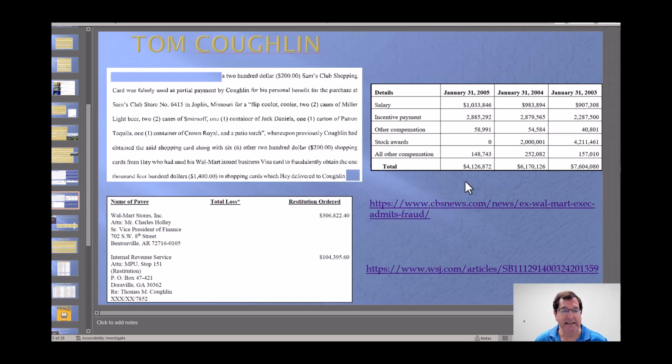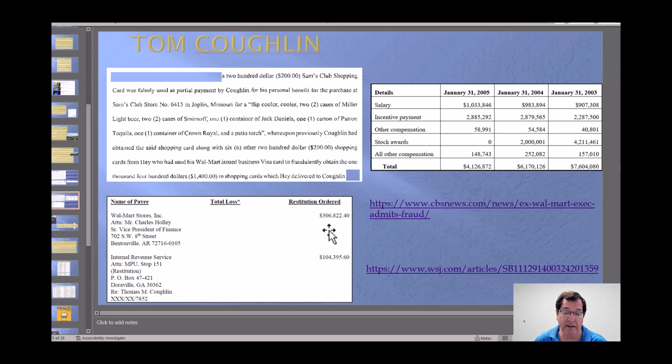This was another case. This was a very serious director at Walmart. We'll just call him Tom. And the strange thing was, over a period of 10 years, he stole $306,000 worth of goods and services through fictitious invoices and the like. On the day that he was sentenced, he came to court with a check to repay everything.